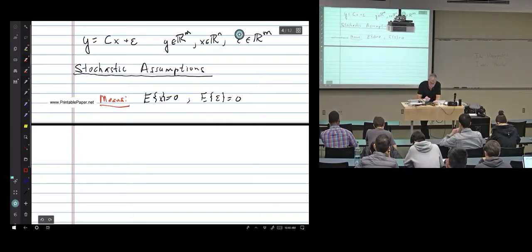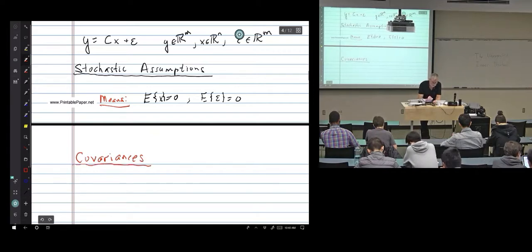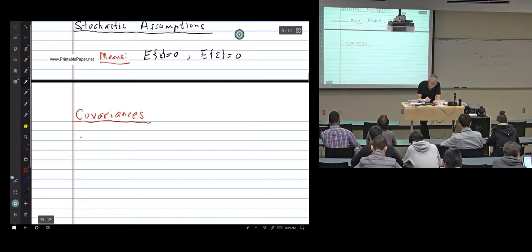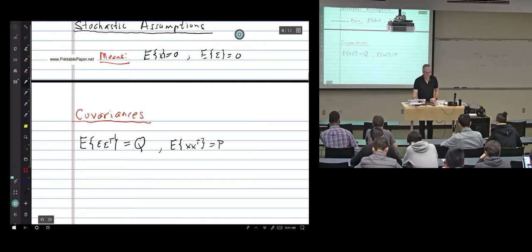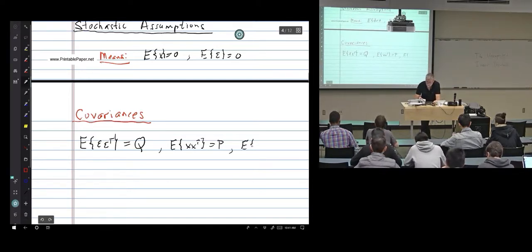And then we're going to have covariances. So the spread about the means, and just as before, the covariance of the noise will be Q. This time we're introducing the covariance of the unknown variable x. That'll be called P. And this is a simplifying assumption that can be removed if we want.